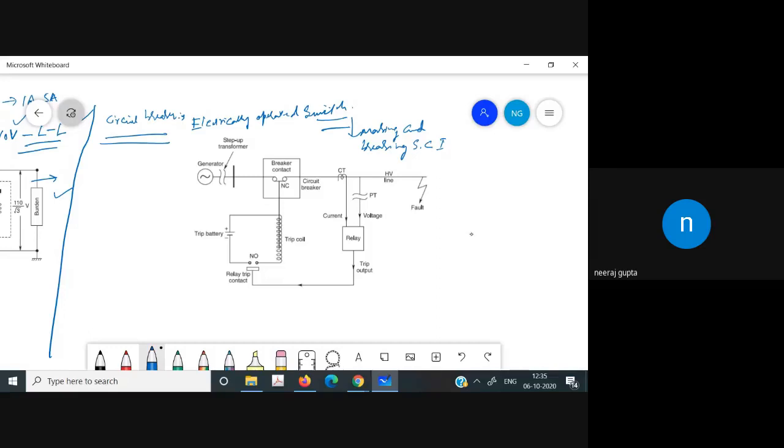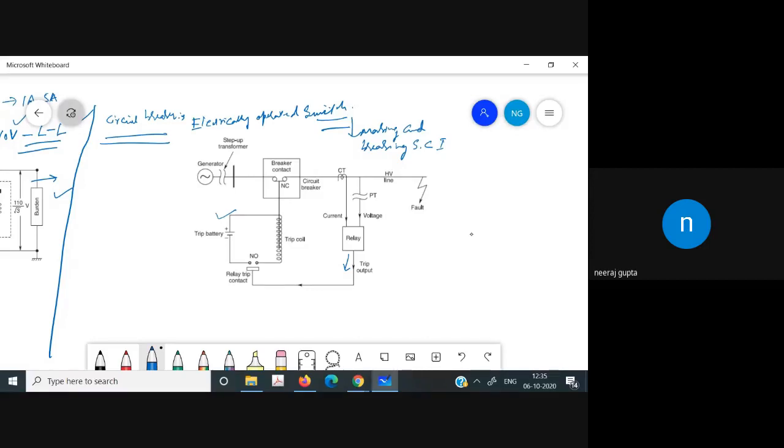So this is actually the circuit breaker. This circuit breaker is operated by the output of the relay. This is the output of the relay.